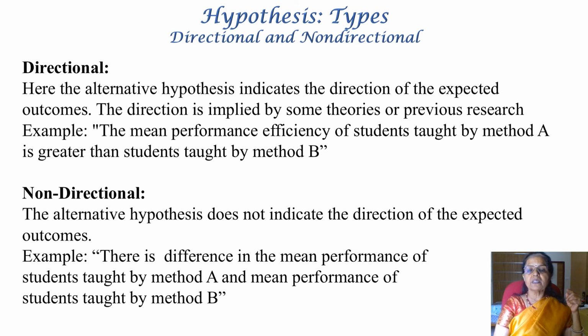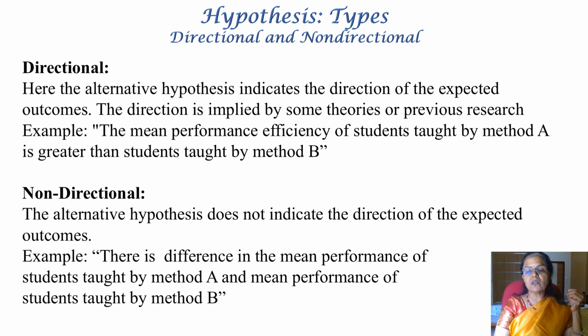The direction is implied by some theories or by the previous research by the researcher or from the literature survey he has done. Example for directional hypothesis, we've already seen some. We'll see one more. The mean performance efficiency of students taught by method A is greater than the students taught by method B. Here, this is an example for directional hypothesis because we know that A is greater than B.